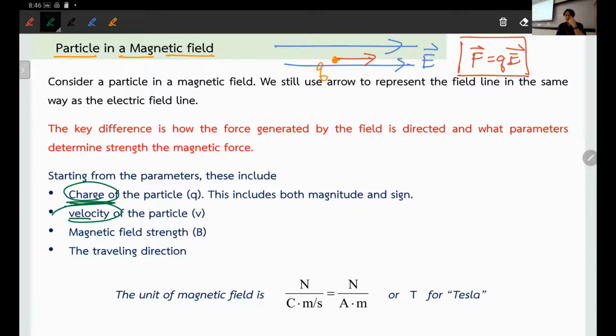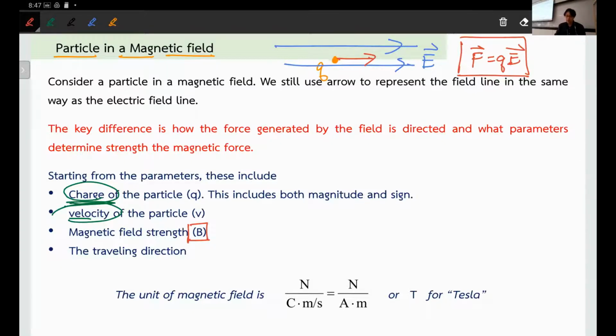So you need some velocity. Not only the charge, but that charge has to move in the magnetic field for that particle to experience the force. And of course, we use the character B for representing the magnetic field.